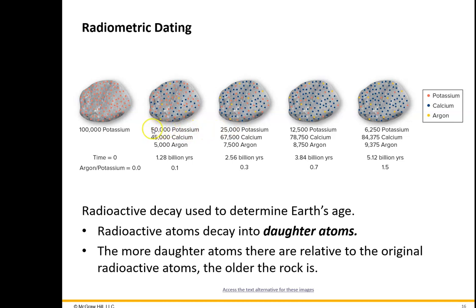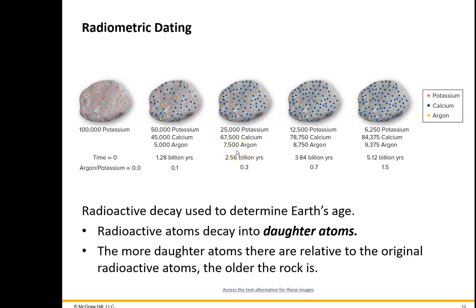Going from this half-life to this half-life, you started with 50,000 potassium, and so you've added, what would that be, 55% more. That's where these numbers come from.